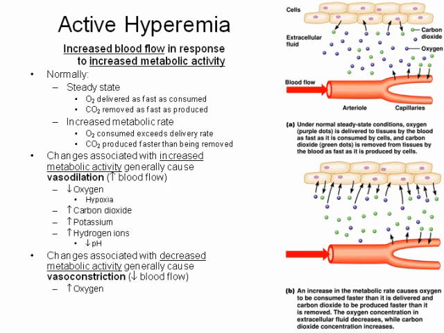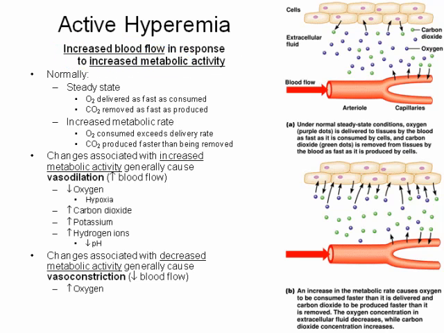So we need to introduce a couple of terms. The first one is active hyperemia. Whenever you see the word ending in emia, it refers to blood. Hyperemia refers to increased blood flow. Active, of course, whenever we have the word active in physiology, we mean it's using energy. So it's an increased blood flow due to increased metabolic activity.